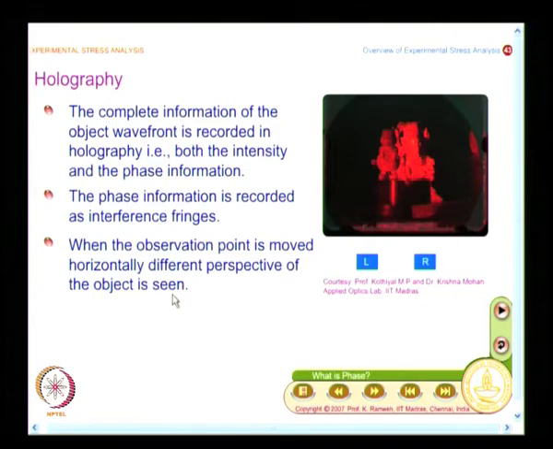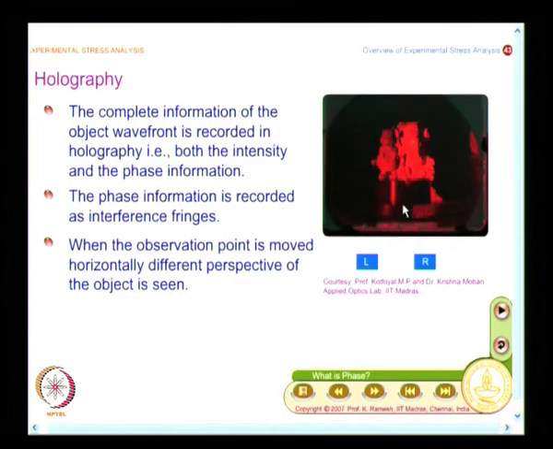So you are able to get the 3-dimensional effect of the recording, as if the model is in front of you, and you are able to peep and see it. I will show you that in my animation. I will also magnify this. This hologram was recorded in the lab of Professor Kothiyal and Dr. Krishna Mohan at Applied Optics Lab, IIT Madras.